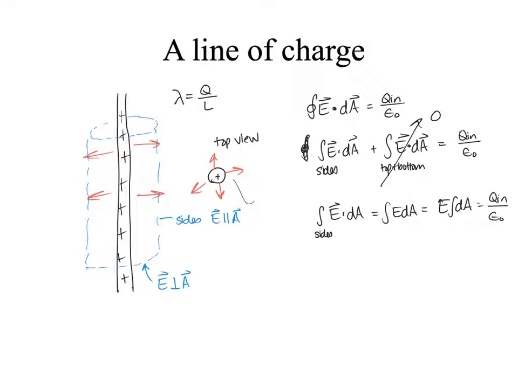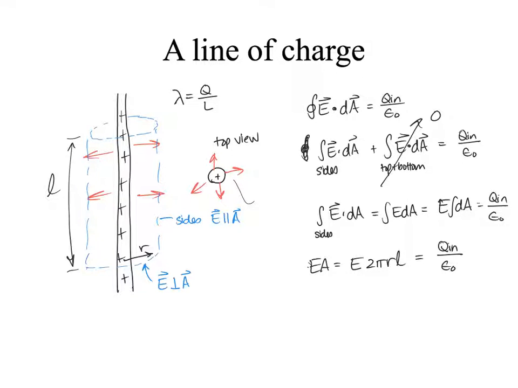Now, let's just say that the length of our cylinder, or the height, is L. And so the area is going to be, oh, I forgot to say this is going to be the distance r, 2 pi r times L, and that's equal to the charge that I've enclosed over epsilon naught.